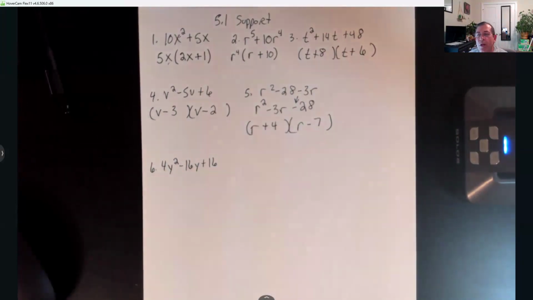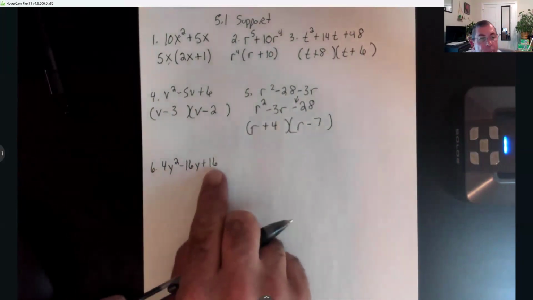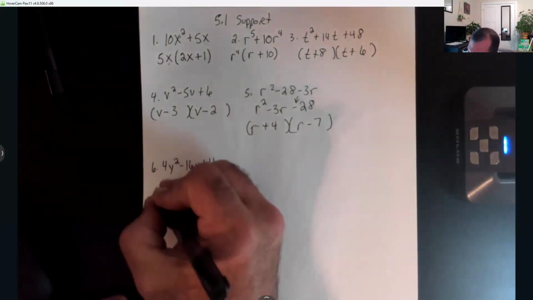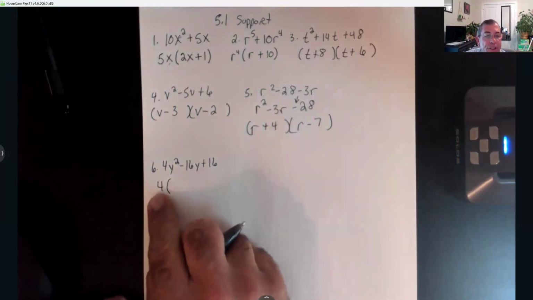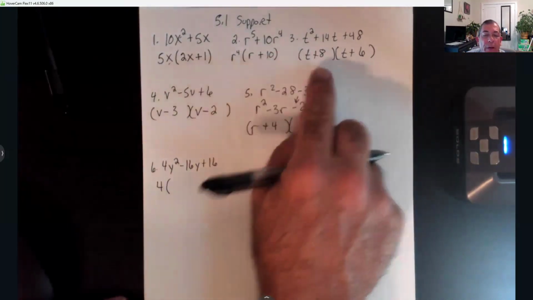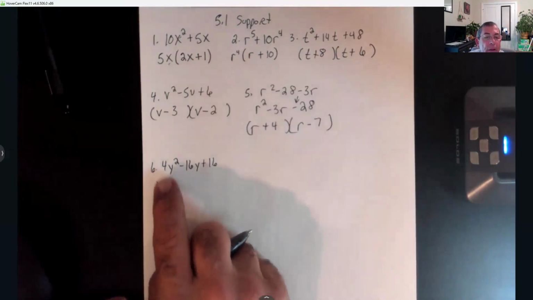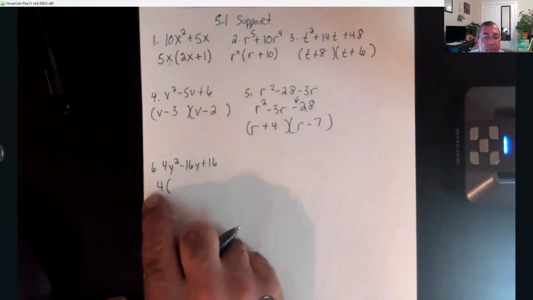When you've got all three numbers that will divide by one of those numbers, I pull that number out like a GCF. So these three numbers will all divide by 4. So we're going to factor the GCF out like we were doing up here to start. So I'm going to divide everybody by 4.